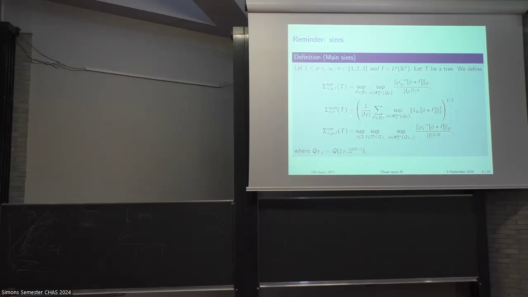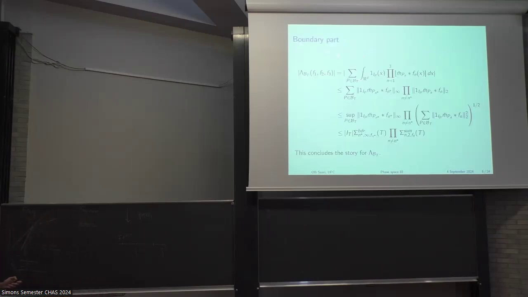Now this thing, we will see in the next slide that it appears very easily, but the somehow trickier part is of course to bound it at the L infinity. But let's see first how these two first sizes appear in the bound, and then let's see why they are bounded.